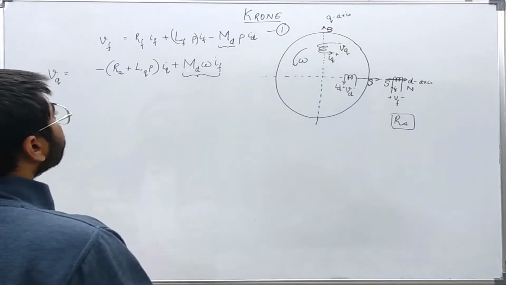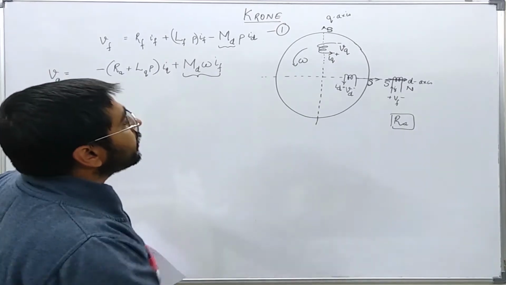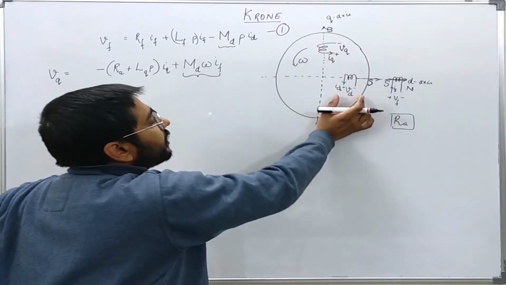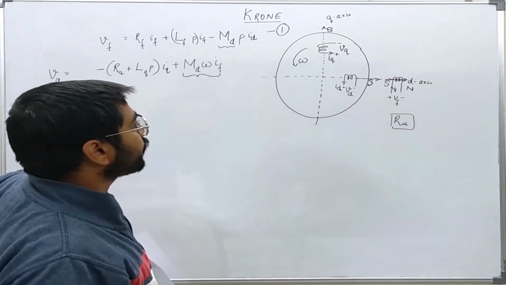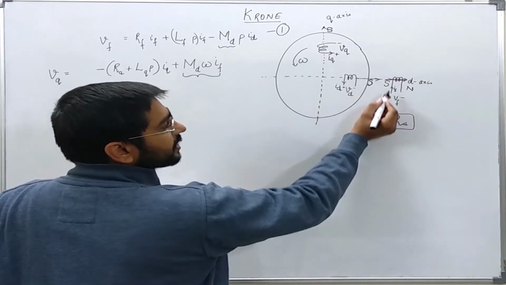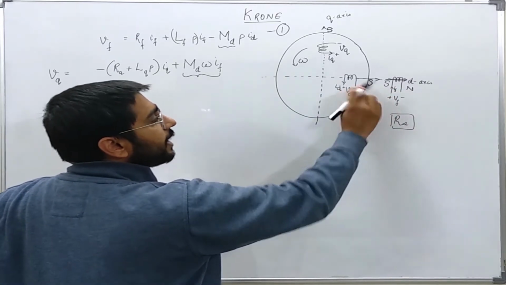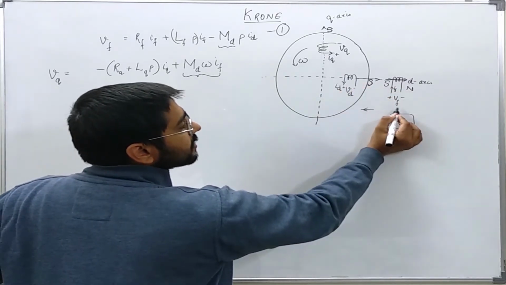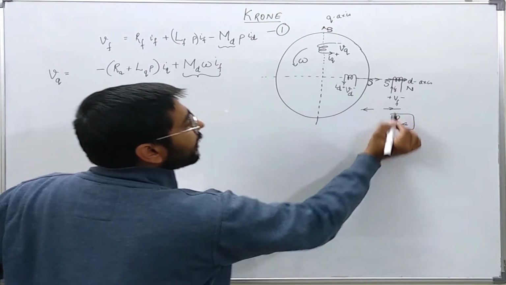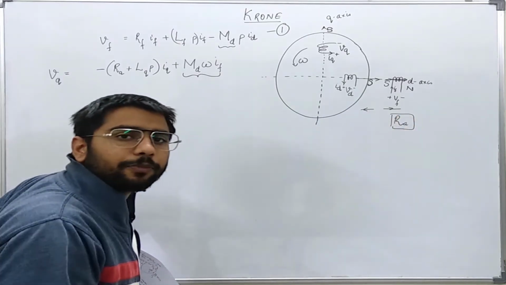Now let us try to write the motional EMF because of the current ID. The direction of flux because of the D axis winding will be opposite to that of the field winding, so the torque will be in the opposite direction.